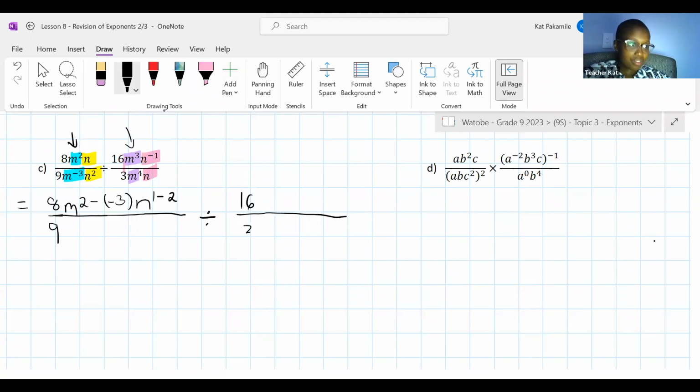We are dividing again, so I'm going to subtract the exponents. The m is going to be 3 minus 4. And the n is going to be negative 1 minus 1, because there's a 1 if there's nothing at the bottom there. I hope you are still with me.